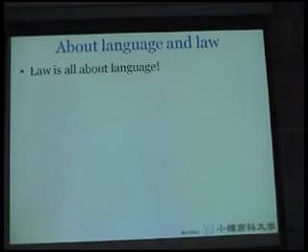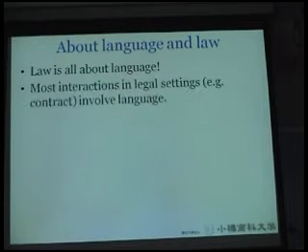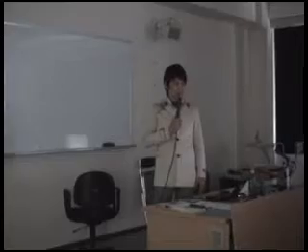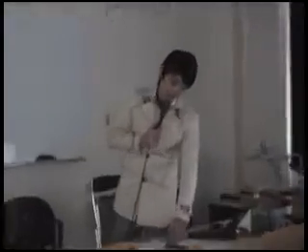So let me talk about language and law. Law is all about language. This is my favorite phrase. Law is all about language, because most interactions in legal settings, like contracts and the courtroom, involve language. Without language, we can't make a contract, right?